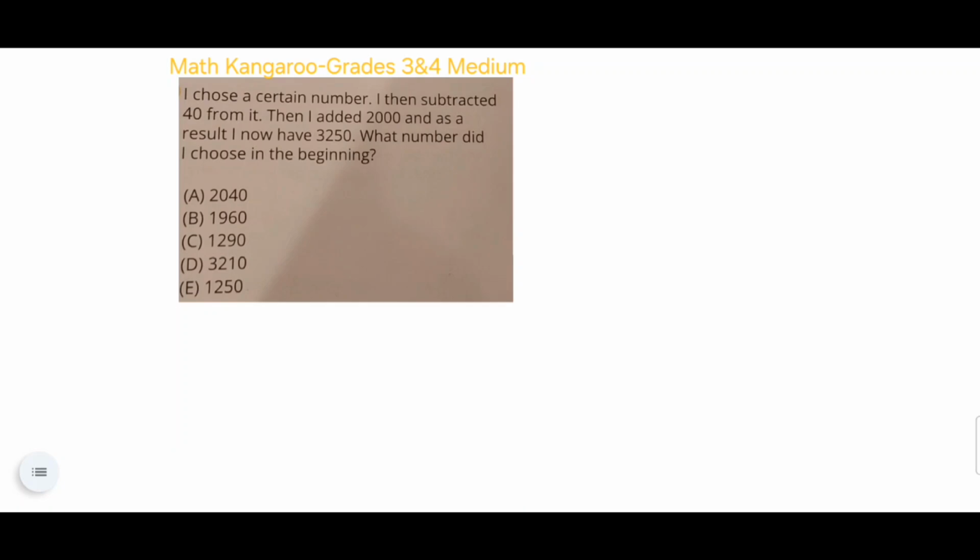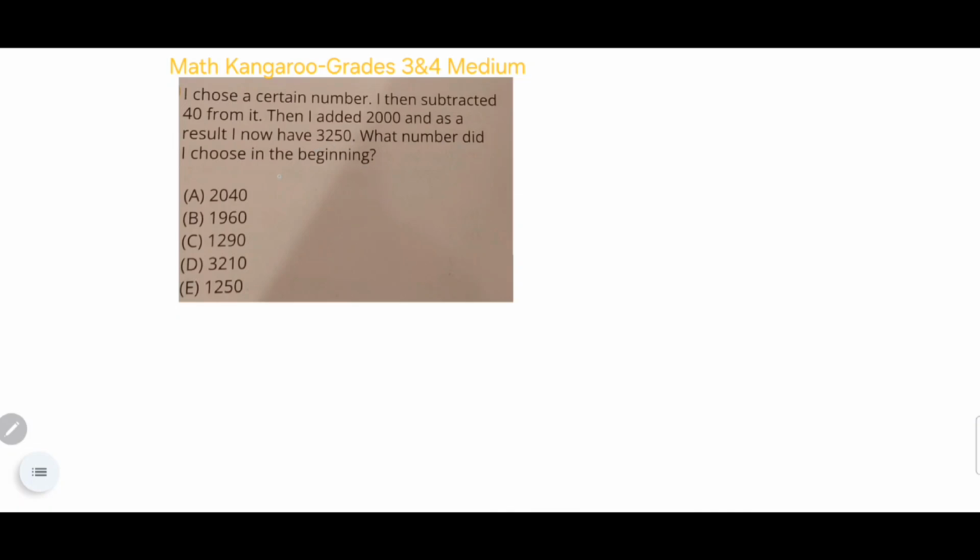So for these types of problems, we can find the answer in an easy and clever way by working backwards. And what I mean by working backwards, for example, is that they said that I choose a certain number, then I do a certain number of equations to that number, and as a result, I have 3,250.